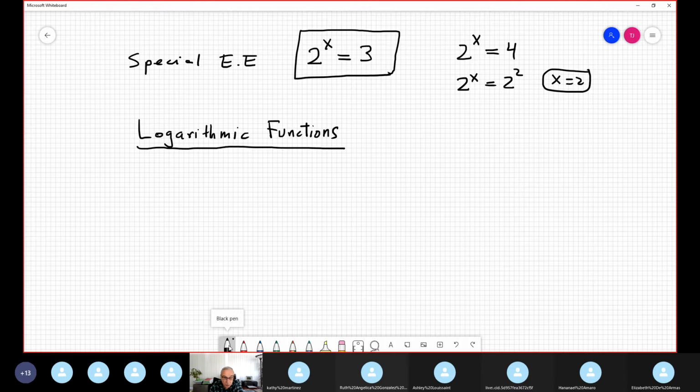We study 2 new functions: the exponential function and the logarithmic function. The logarithmic function is new, and I suppose it can help me solve this equation. Here's another application that you can see throughout the chapter.